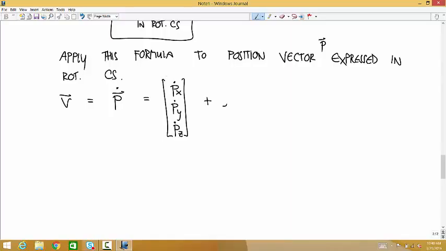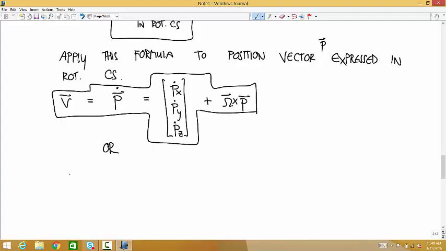So we have plus capital Omega cross P. Or another way to say that is the velocity vector is equal to the velocity vector observed in the rotating coordinate system plus capital Omega cross P.